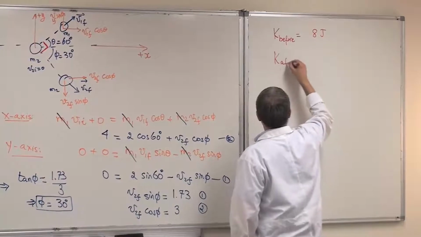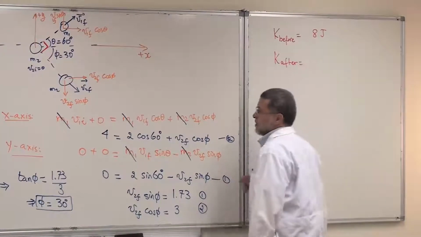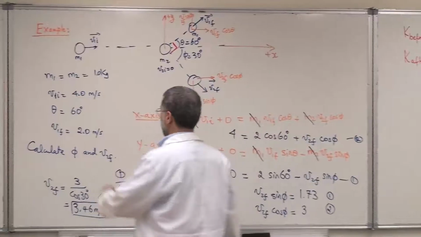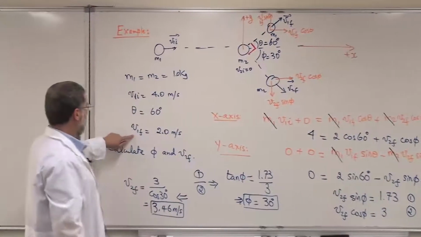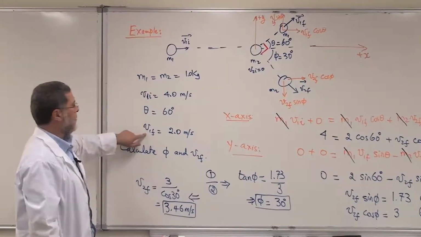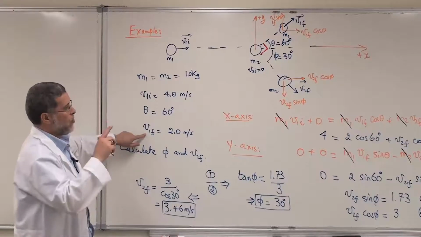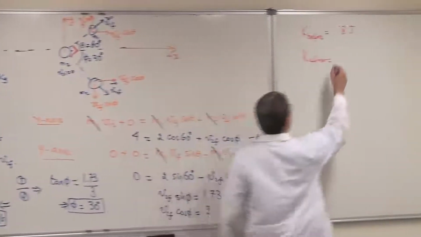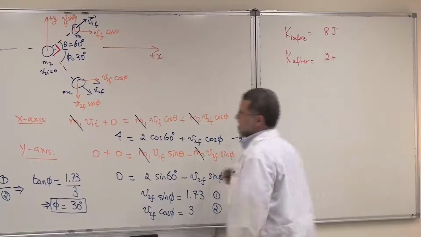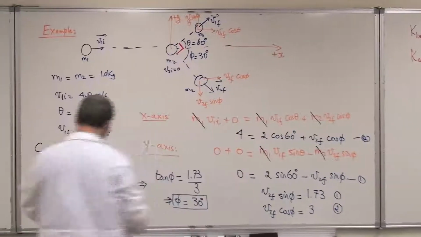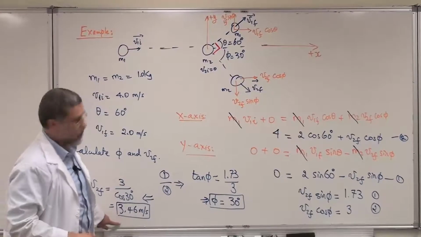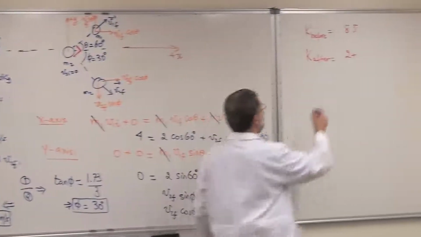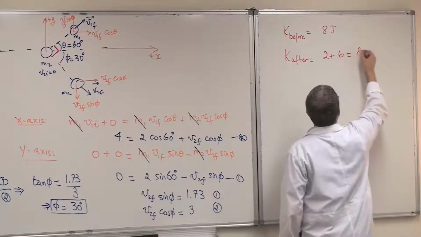K after: this is half m v squared, v1 final is 2, squared it is 4, half of 4 gives me 2. It will be 2 plus half m v2 final squared, and this will be 6. Okay, 6 joules. This will give me 8 joules.